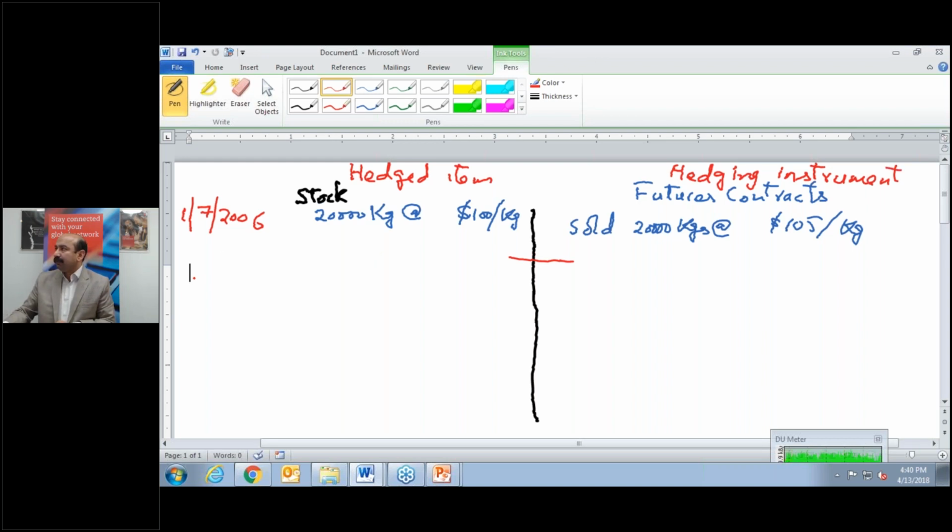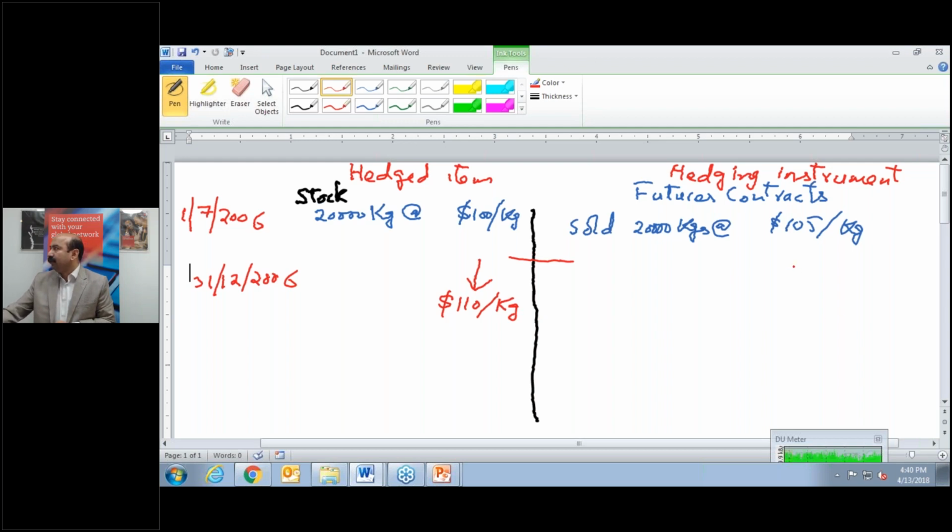On 31st December 2006, the price changed to move to the open market. The fair value of the inventory is now 110 per kg.